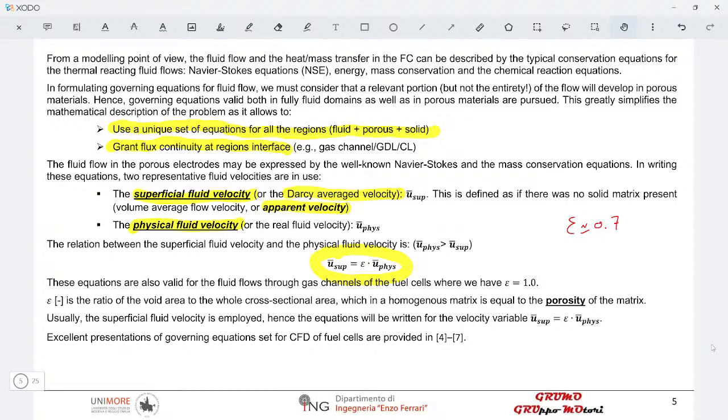From a mathematical point of view, this can be applied immediately by changing the porosity value to 1, which means fully fluid. So this is another very convenient and also elegant mathematical way to use a unique equation, which is valid both for the fluid regions and for the porous regions. We will just change the local porosity value.